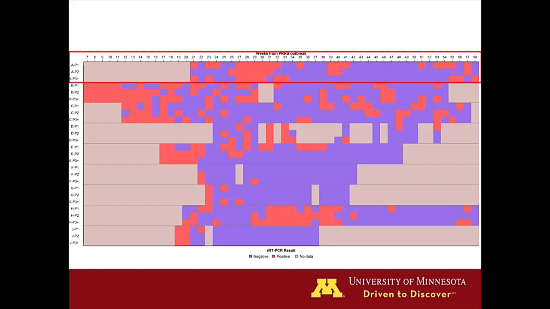On top we have the time from the outbreak, going from some herds that were enrolled at 7 weeks after the outbreak, to some others that were enrolled around 20 weeks after the outbreak. So for example, herd A was enrolled 21 weeks after the outbreak, and we have here in red the positive results and in blue the negative results at the PCR.